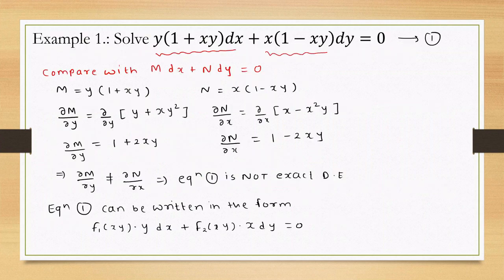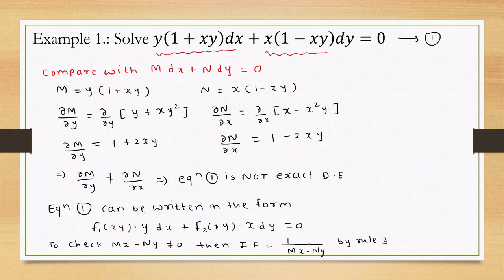Let us check here. Now, to check, M into x minus N into y is not equal to 0, then the integrating factor is equal to 1 upon M into x minus N into y by rule number 3.